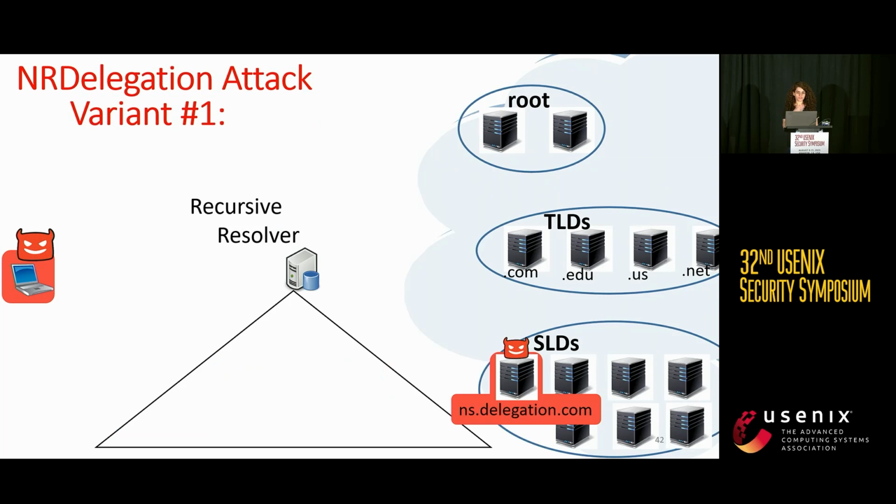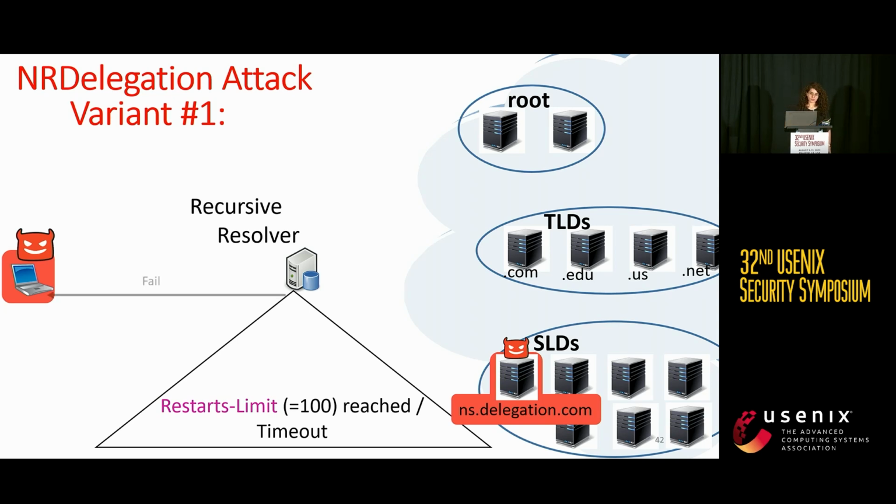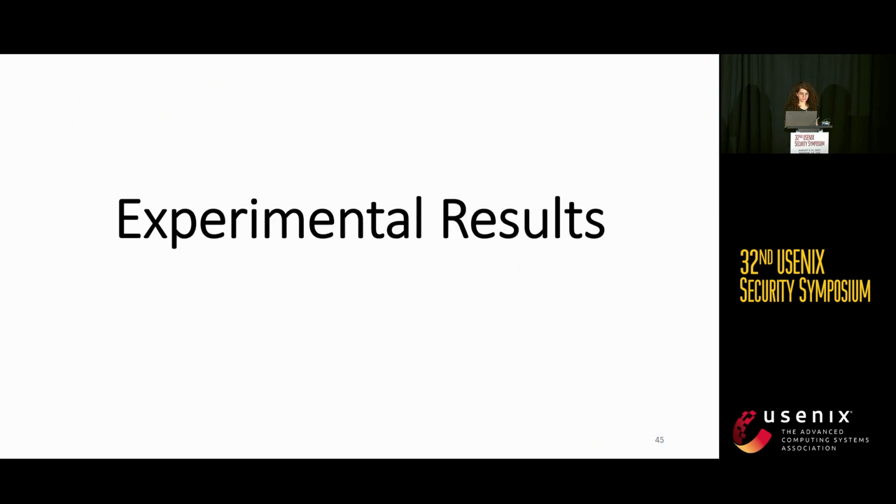This whole process is going to continue until one of the resolver's other limitations is reached, for example the restart limit, which is 100, or a timeout event. Upon reaching those limitations, we stop the resolution process and return a fail response to the client.